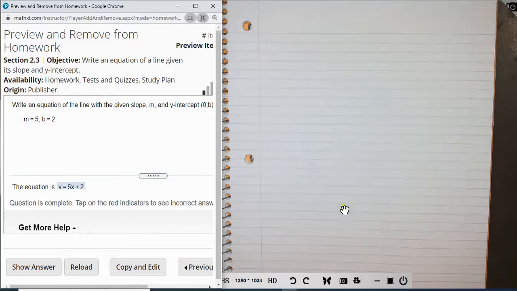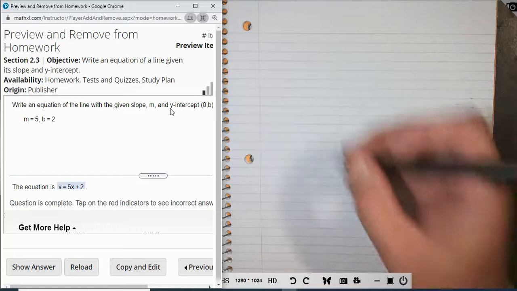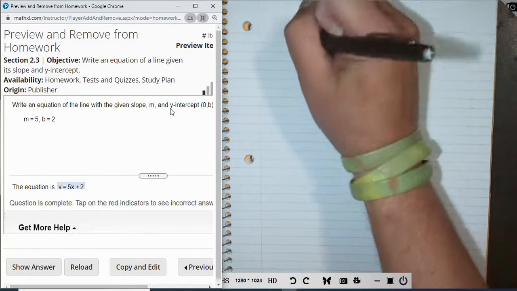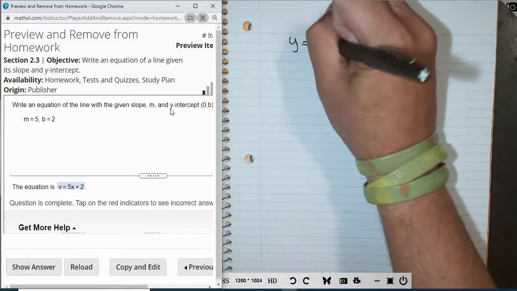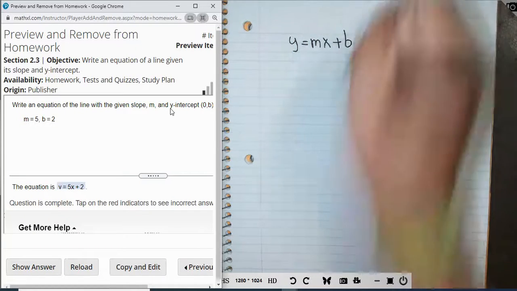But basically we want to write an equation of a line that has a given slope m and the y-intercept 0, b here, right? Notice it doesn't say what particular form of an equation. So we could write it in standard form, or we could write it in the very simple form y equals mx plus b, which is the slope-intercept form.